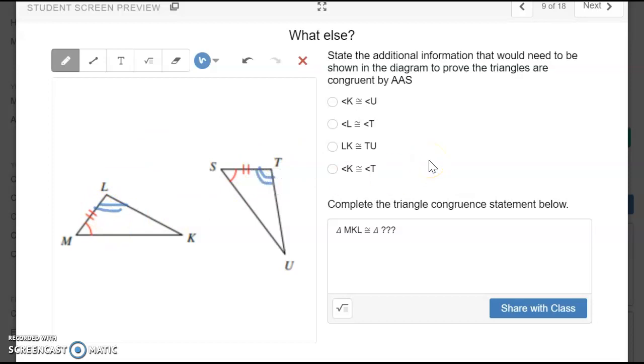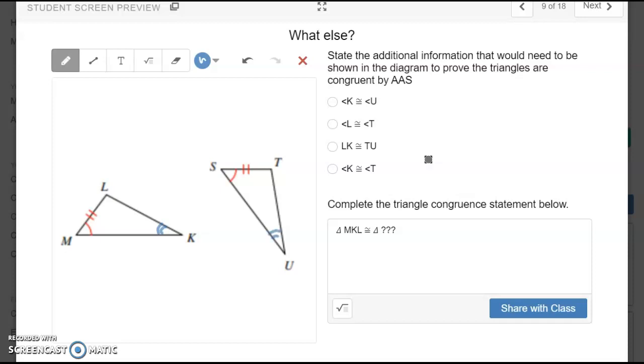This will be angle, angle, and side in between. So it will be angle, side, angle, and angle, side, angle. We don't want that. We want angle, angle, side. So this will not do. So we need the angle to be somewhere else. Where? It could be here.